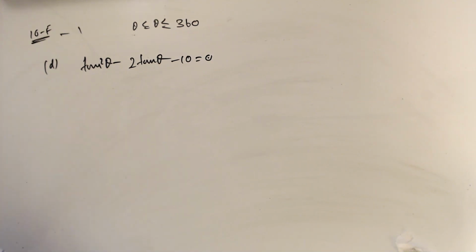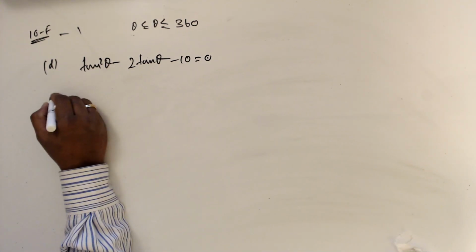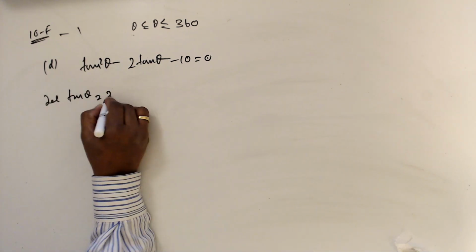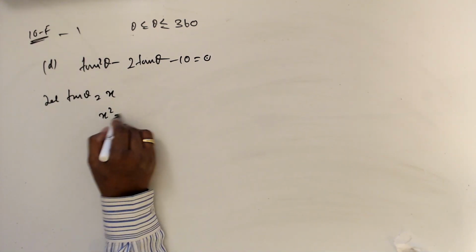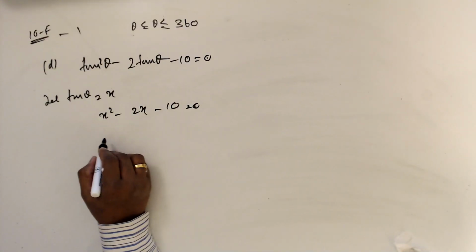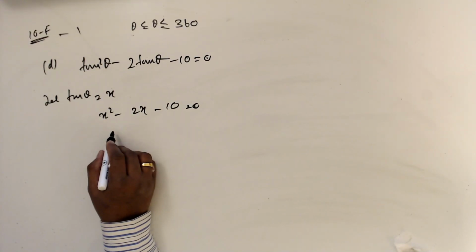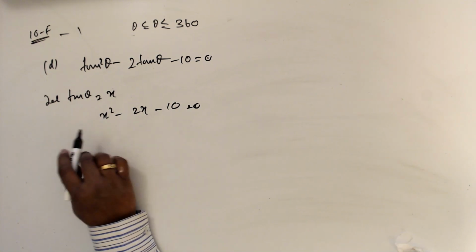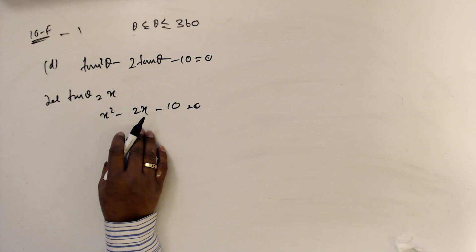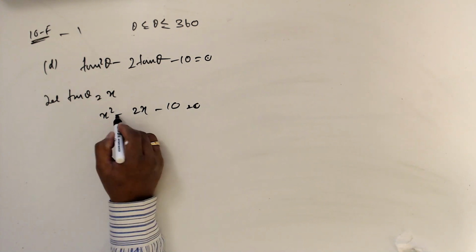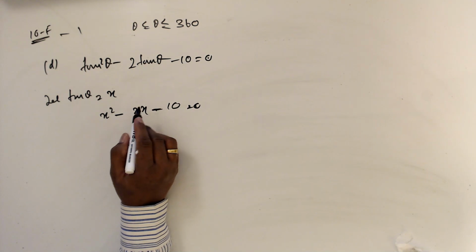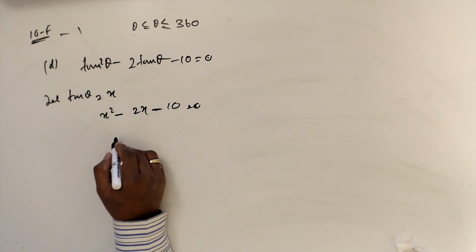Part D, you can work like this as well. We'll let tan theta equal x. So this is going to be x squared minus 2x minus 10 equals 0. Then you can factorize this. Actually, it's not easy to find the factors, so we have to use the quadratic formula.